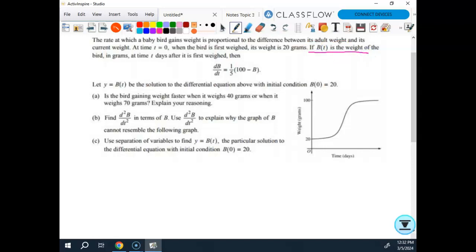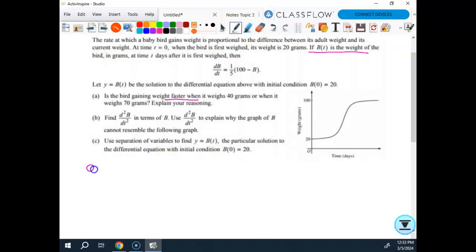They gave us the derivative. What does the derivative of anything represent for you? The slope, which a fancy way to say slope is rate of change. So we're talking about the rate, yes? So can you find the rate at which it's gaining weight when it's 40 grams?